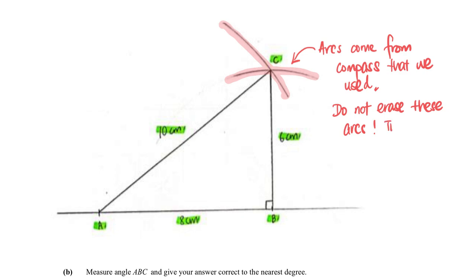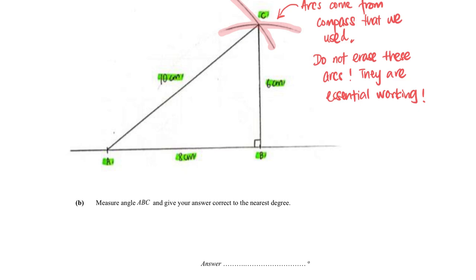They are essential working, to illustrate that we are using a compass to draw the length. And the next part of this question is simply to use a protractor to measure this angle.